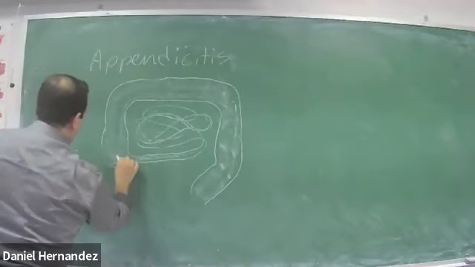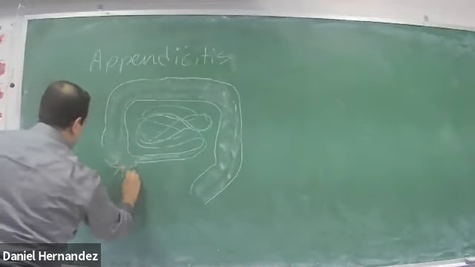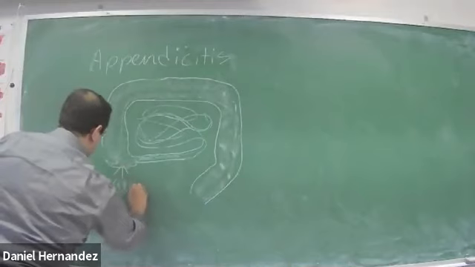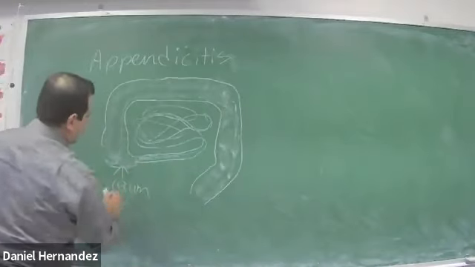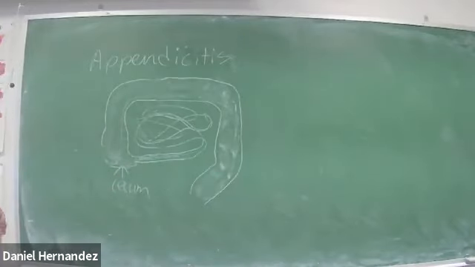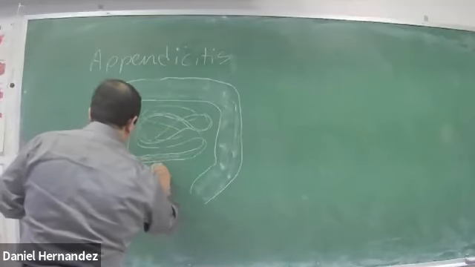This portion of the ascending colon, or the base on this side, is called the cecum. The terminal portion of the small intestine is referred to as the terminal ileum.